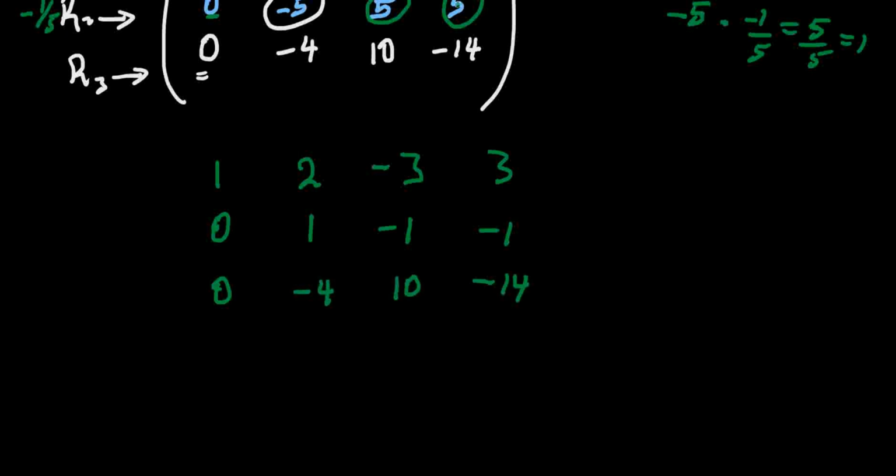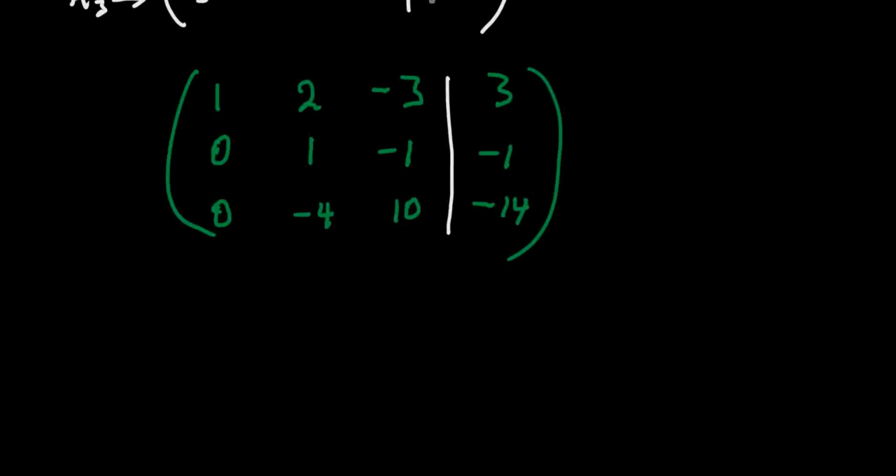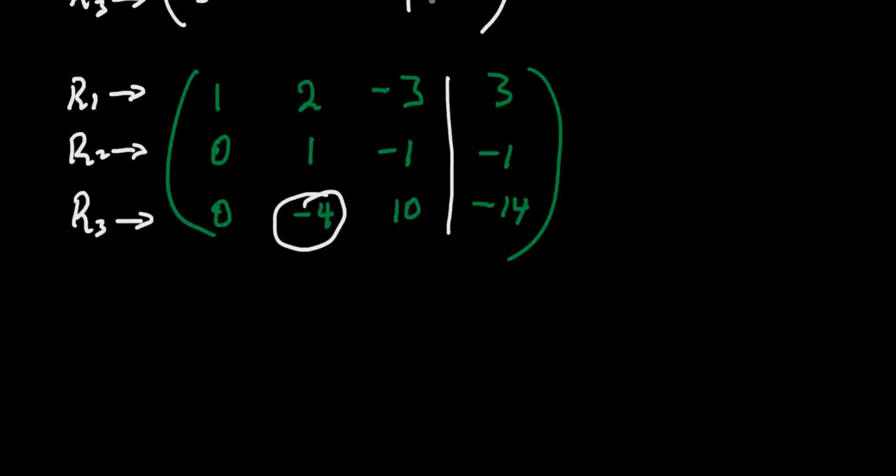We are getting closer to what we are looking for, and you can draw a straight line here. The previous one we didn't draw, but whether you draw it or not, it doesn't really matter, but let's just put it there. So now, this is still row 1, this is row 2, and this is row 3. Good. So we can now multiply row 2 by negative 4.